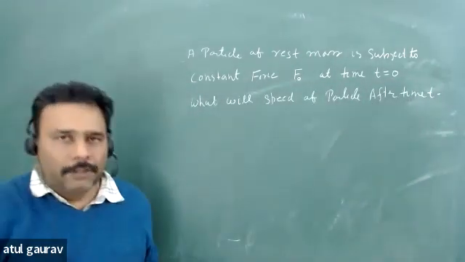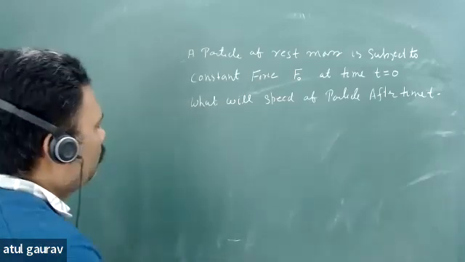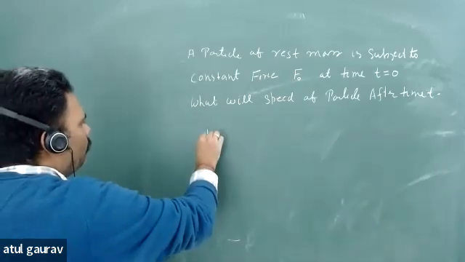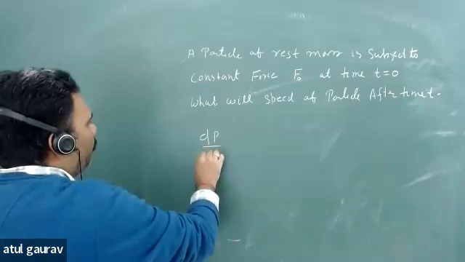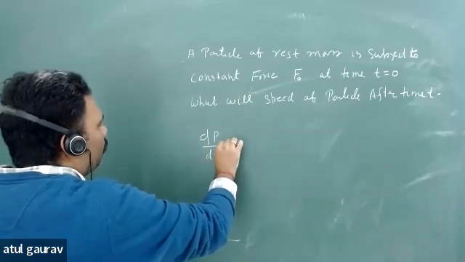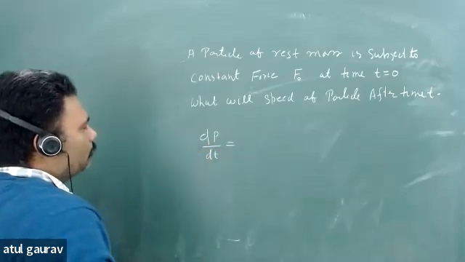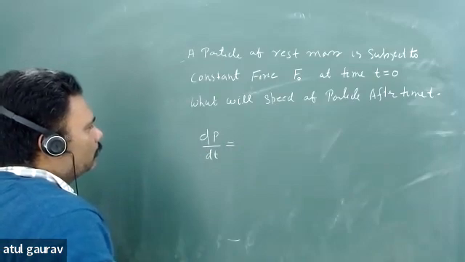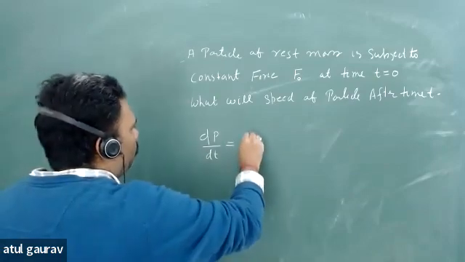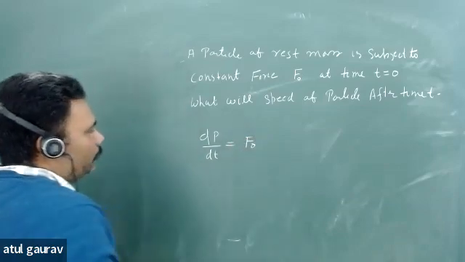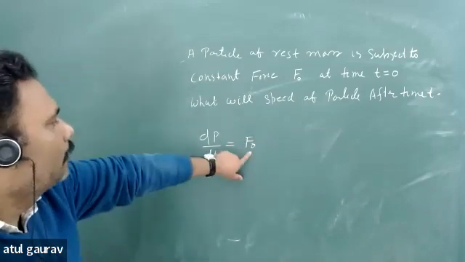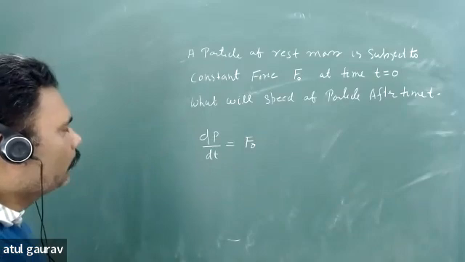So how will you approach this type of problem? Obviously you have to go for Newton's law. So dp upon dt is equal to what? F naught. Agreed? And this is a constant force, so you can easily integrate on both sides.